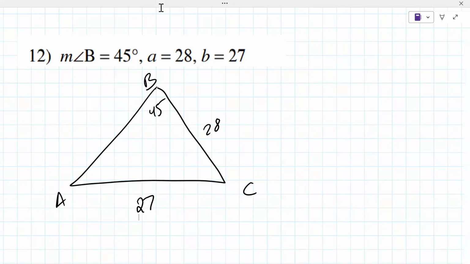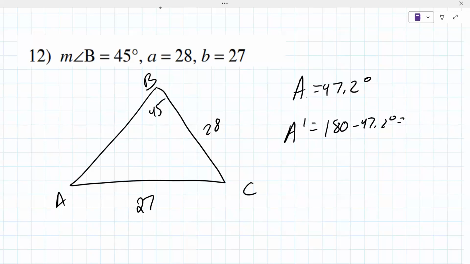Forty-seven. Say that one more time. For A, you said 47? Yeah, so A is 47.2 degrees, and then you can subtract it from 180, which is 132.8.